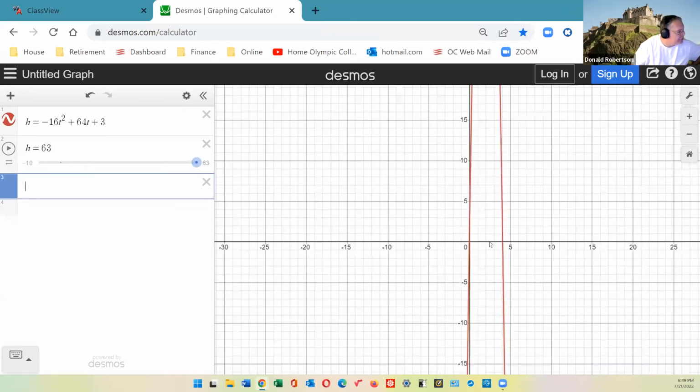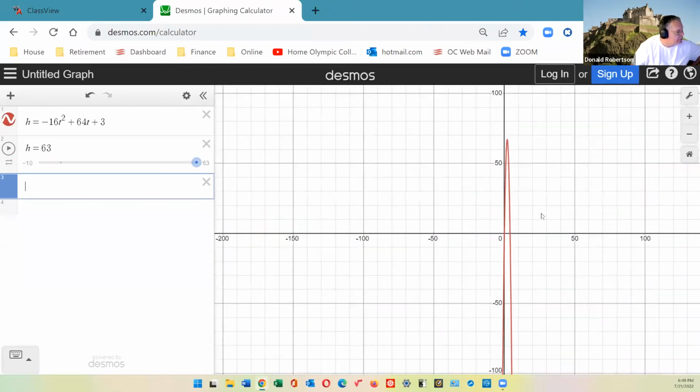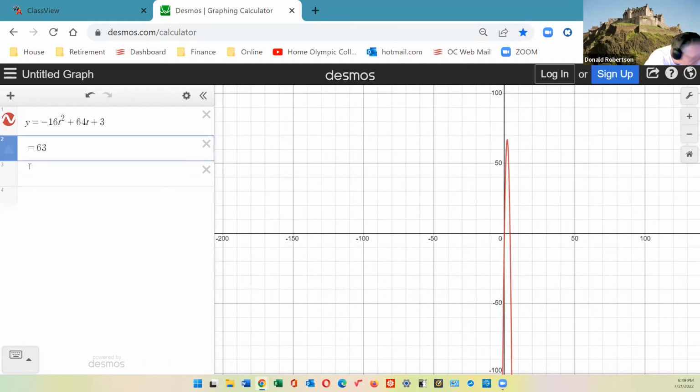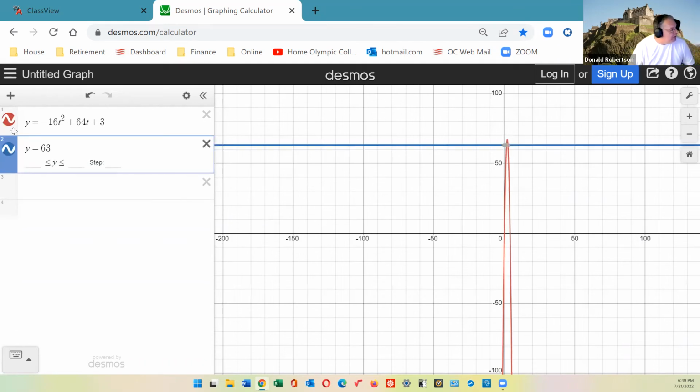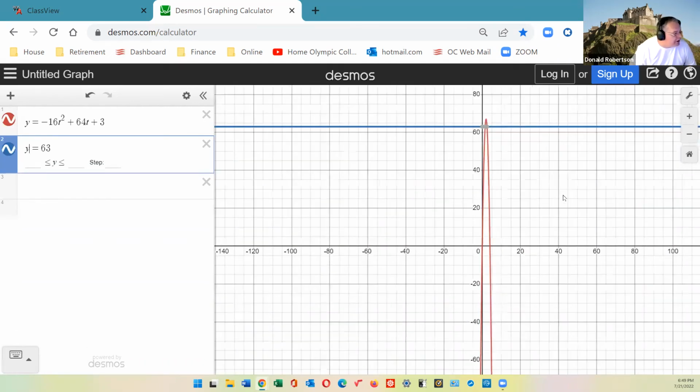And then I'm going to have to shrink this. Is this a line 63? Okay, I'll make it y equals. That just might make Desmos understand what I'm expecting. There we go. I had to put y equals, it didn't like h.